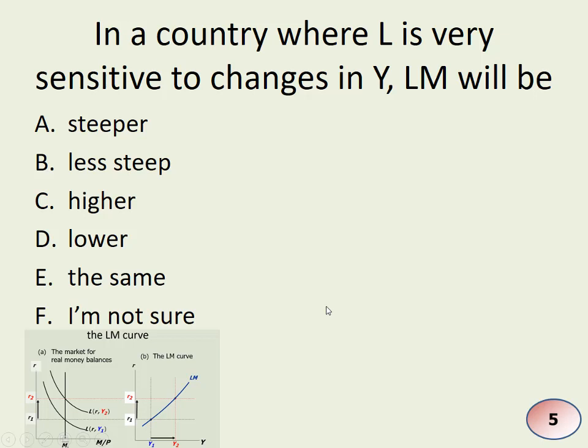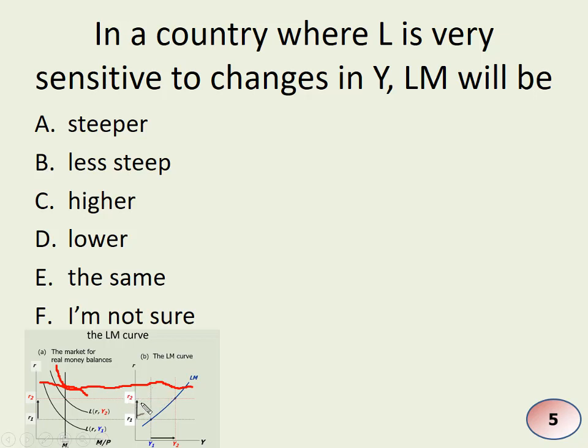Well, you can draw it on this. If it was very sensitive, then instead of going to here, it would have gone up to somewhere like this, which means that the interest rate for this new level of income, R, would have had to go up higher to here.